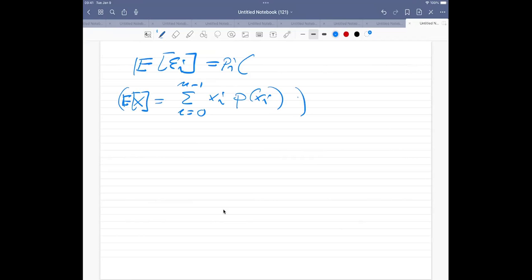So P of I is a probability which we have when y of I is equal to 1. And this is the value of epsilon.